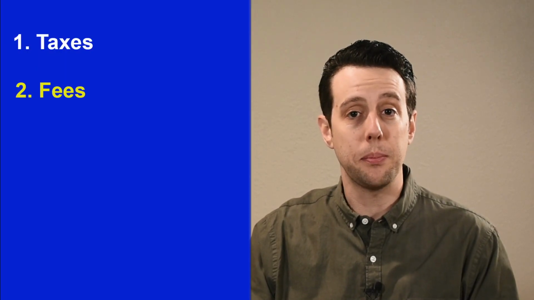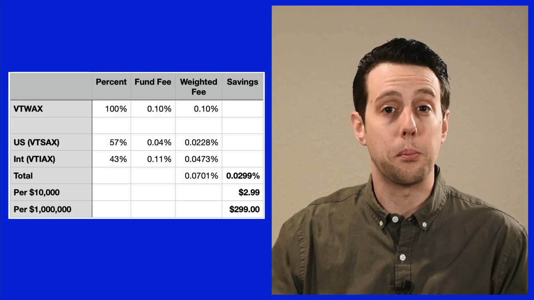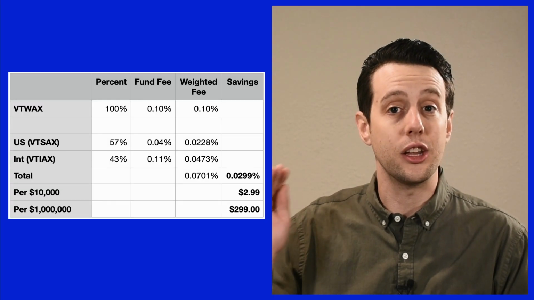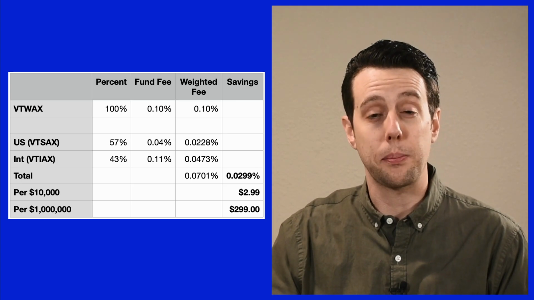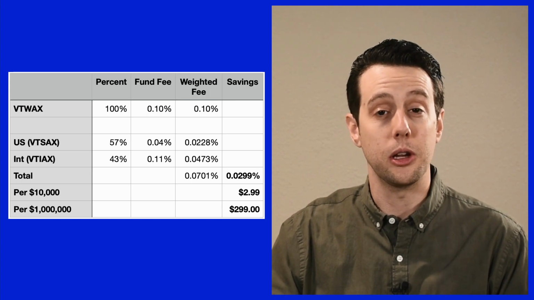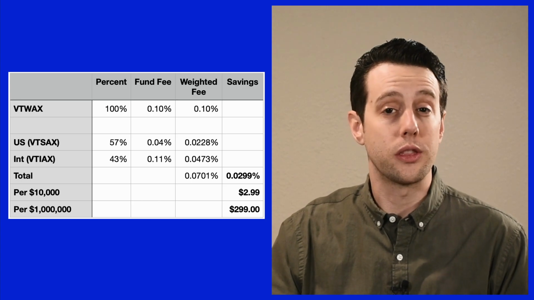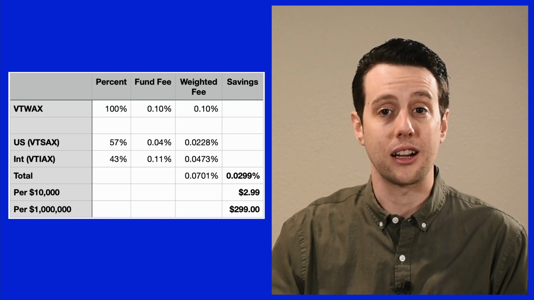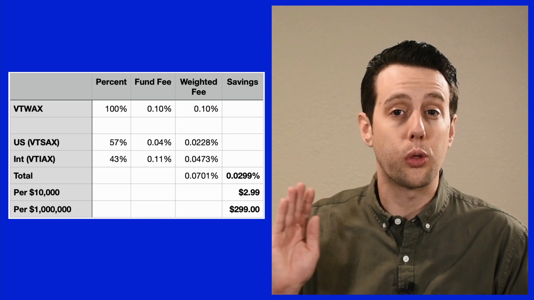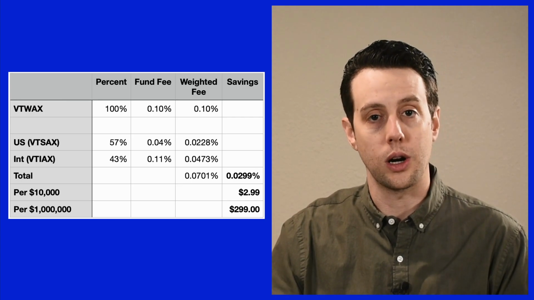It's a little cheaper to hold the fund separately. Here is a table showing the breakdown of investing in the US and international separately instead of VTWAX. If you match the weightings of VTWAX, your fee would be almost 0.03% lower.